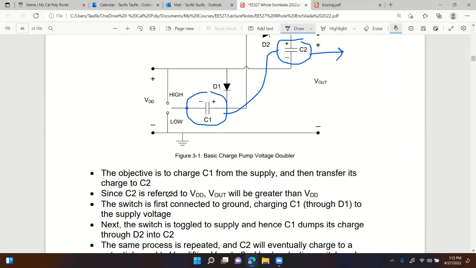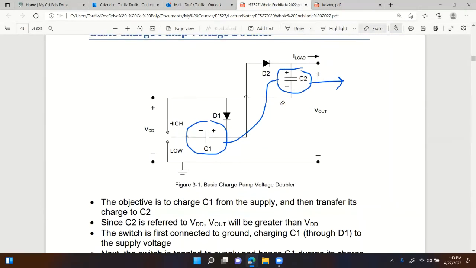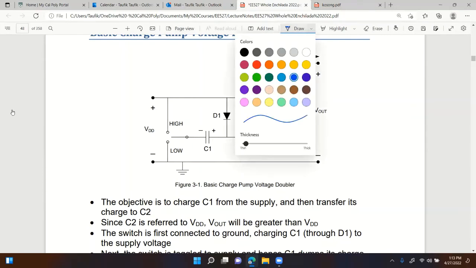So since C2 is referred to VDD, Vout will be greater than VDD. If you look at the circuit, if you can somehow get some voltage, whatever voltage, just call it Vx, you can see by KVL, look at this loop right here. Let me use red.